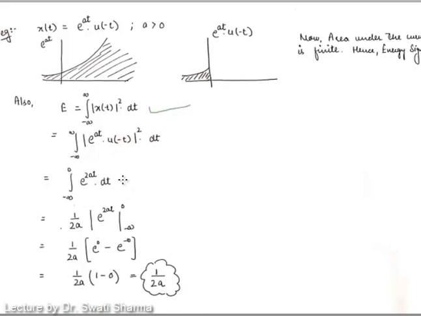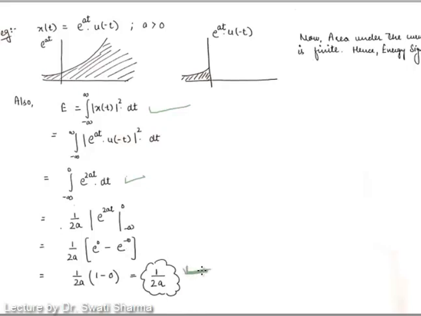So you can very easily reduce this as e to the power 2at from minus infinity to 0, and this would become the integration of e to the power 2at, which is 1 upon 2a from minus infinity to 0, and you substitute the value: e to the power 0 is 1, e to the power minus infinity is 0, which gives us the expression to be equal to 1 upon 2a.